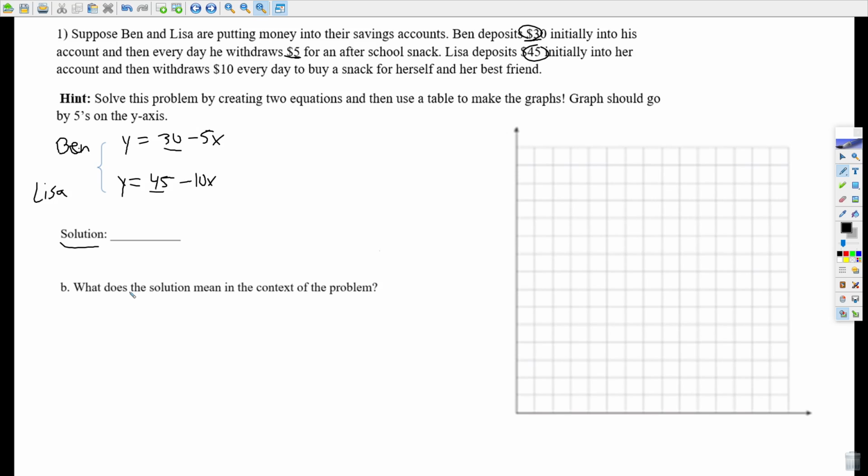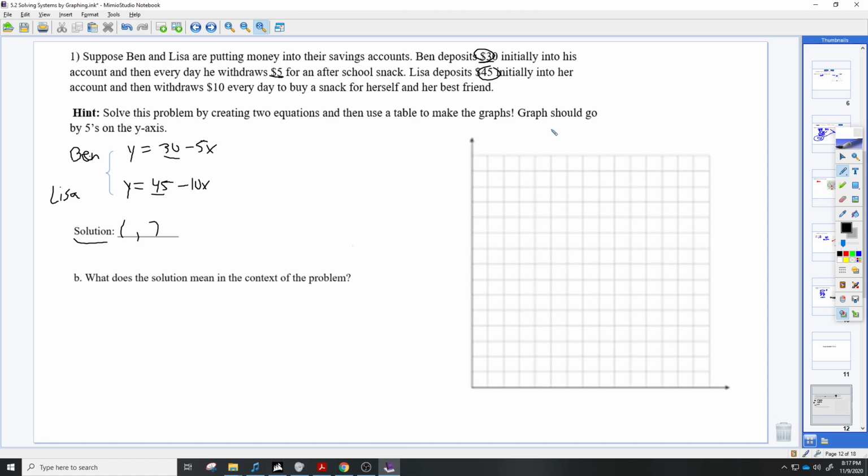That's your answer for the solution. And then figure out what that means in the context of the problem. So when you're finding where they intersect, what does that mean as far as Ben and Lisa's money? Well, you'll figure that out whenever you get the point. But that is everything for this lesson for graphing solutions. And we'll see you next time.